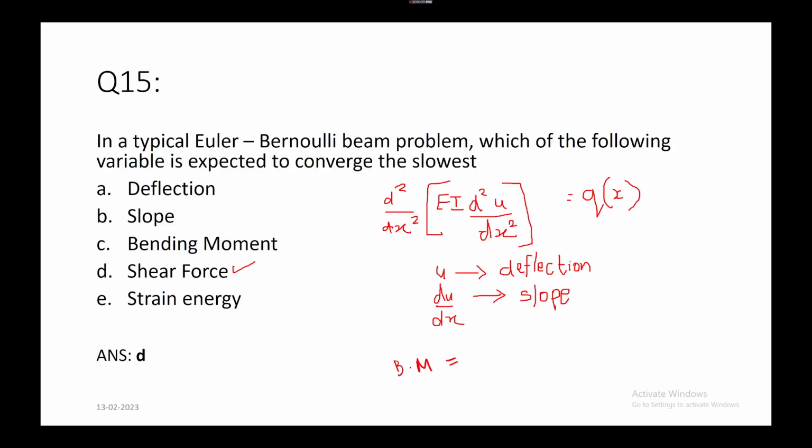We have du by dx. Bending moment, then shear force. So this EI d square u by dx square is nothing but your bending moment.